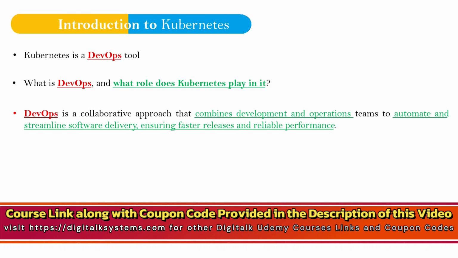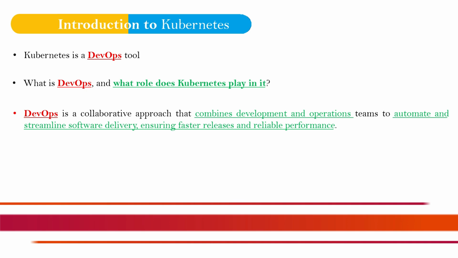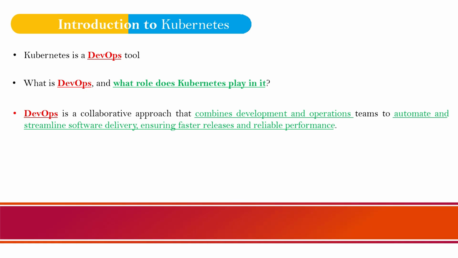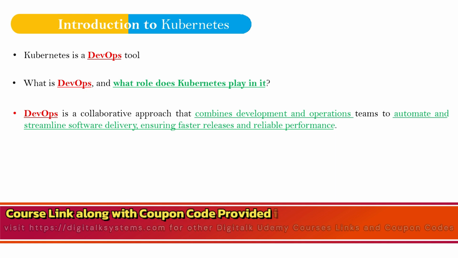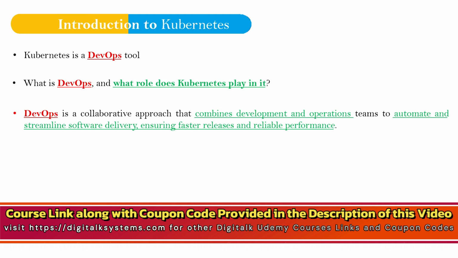That means DevOps is an area which focuses on the automation of all of the steps that we talked about just some time back, from development till operations, so that the delivery of the software from development till the production environment gets faster and with reliable performance. So this is all about DevOps.